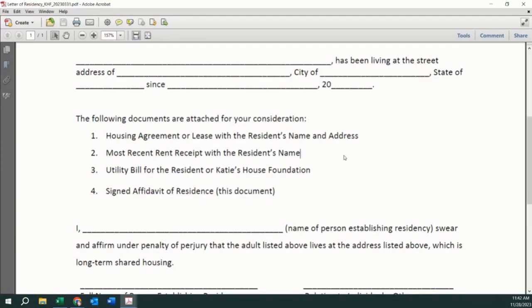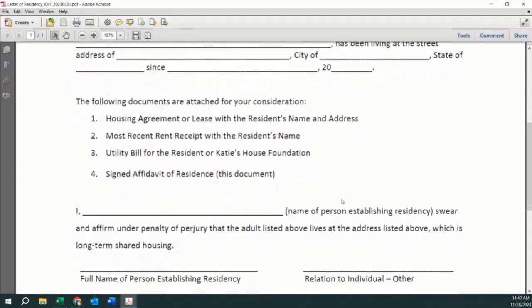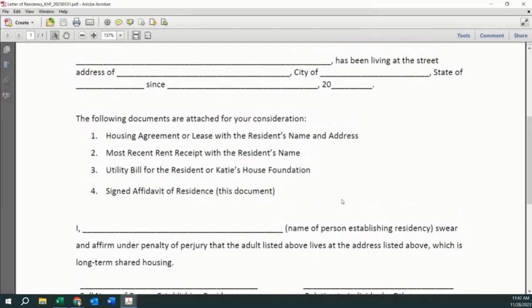And then, of course, the signed affidavit of residence. And so you and the resident or the property manager should be able to collect these documents in short order because it's easy enough to fill out this form and sign it.